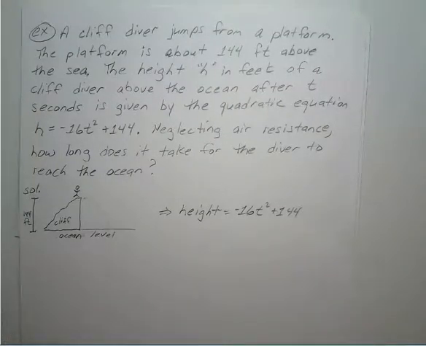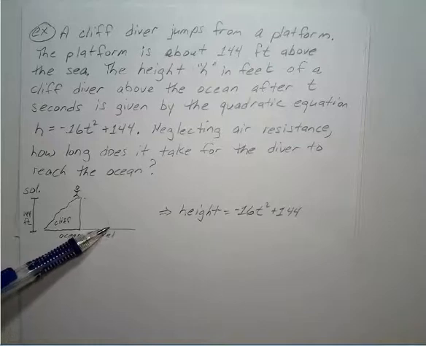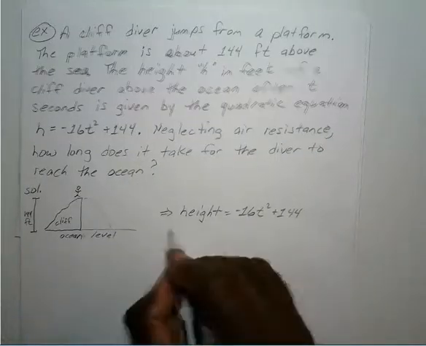Now the thing is, if he's up here, his height is 144. If he goes down and jumps off into the ocean, as soon as he hits the water, his height is 0. So we know when he hits the ocean, the height is 0.